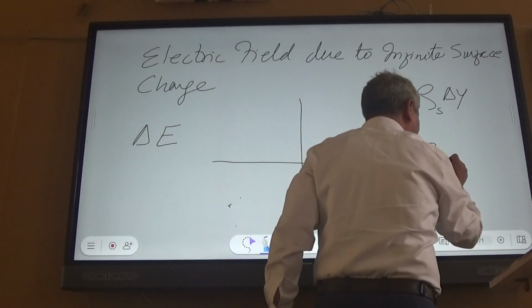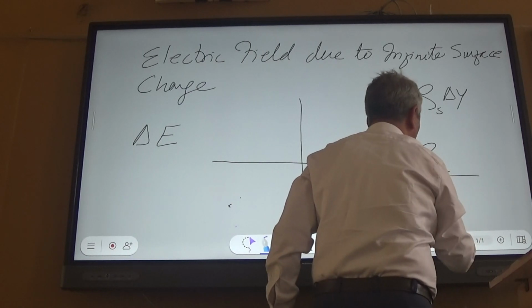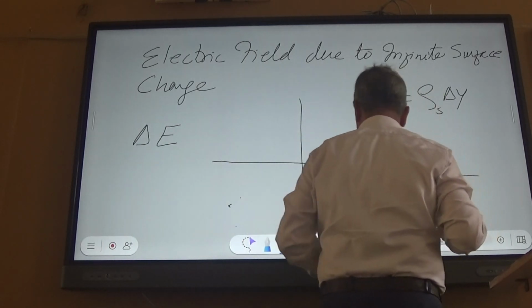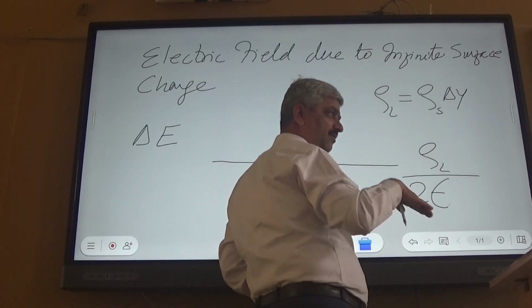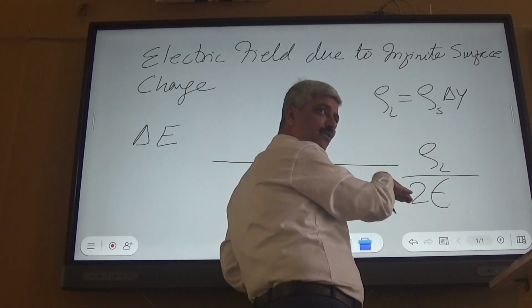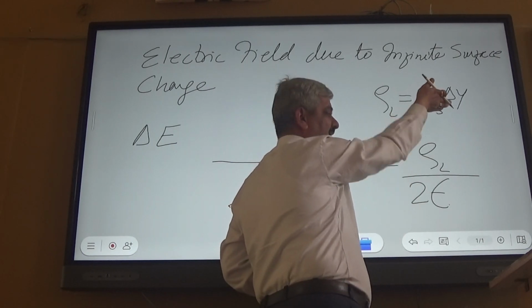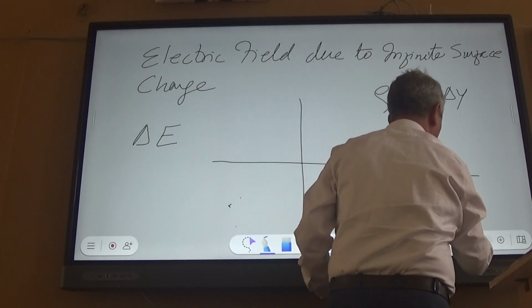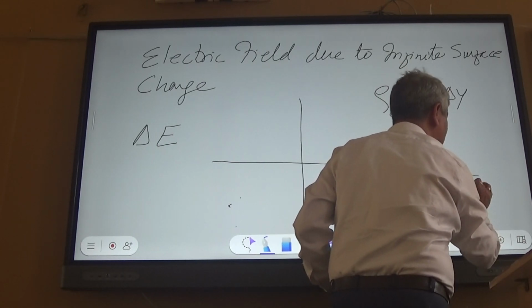Delta E would be rho L upon 2 pi epsilon r. Now we don't use this one as is. Why? There is no point in using it, because pi is not there, number one, and number two is that for rho L we need to replace rho s delta y, and again here epsilon naught we can consider, and r is the distance.